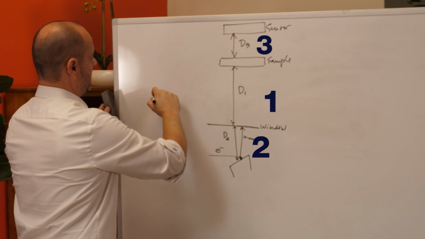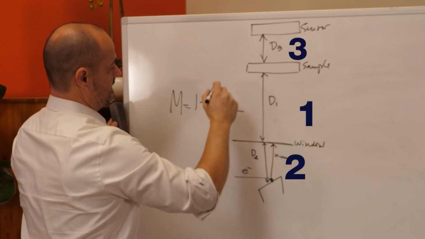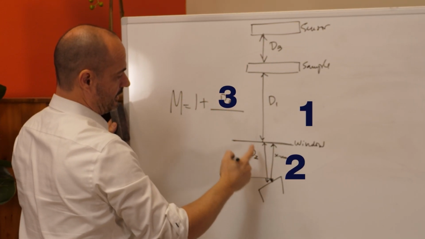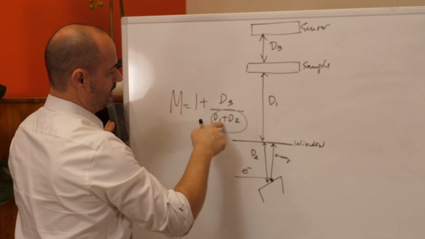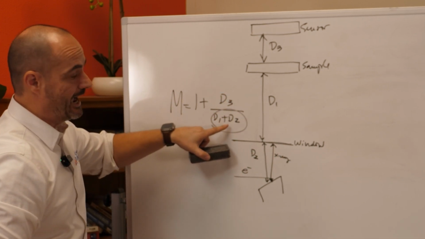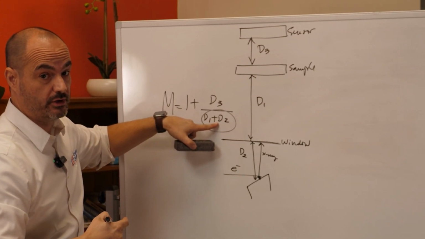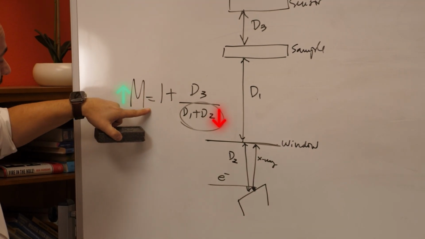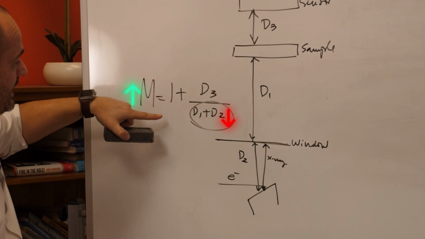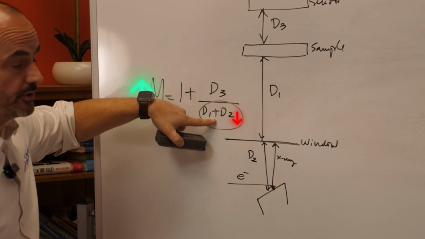So your magnification is going to be 1 plus D3 over D1 plus D2. Now, if you want a higher magnification, this number has to be as small as possible. The smaller number here means a higher number here. If you want high mag, this D1 plus D2 has to be as small as possible.